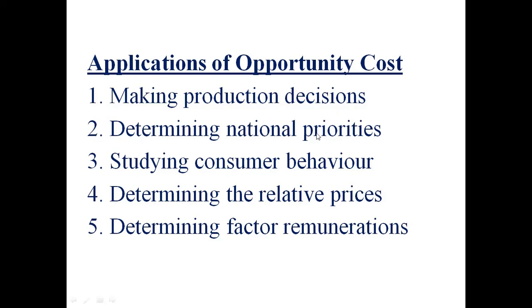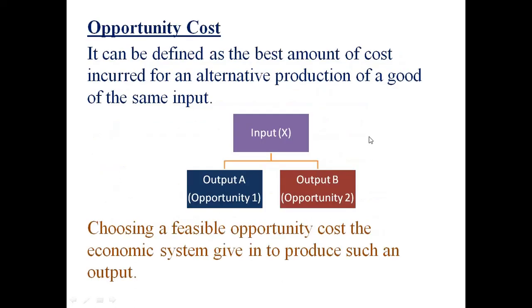Now the second reason is determining national priorities. Since we are talking about the economic problems, we have to give emphasis on the national priorities also. Let me give you a practical example.